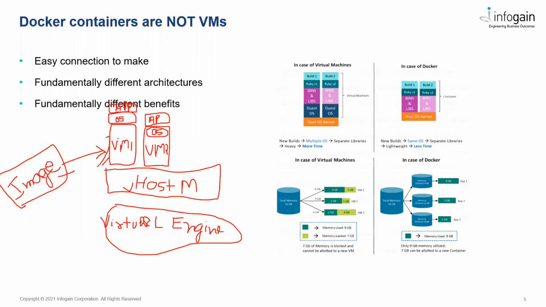Let's say I need CentOS. Then I will go to Google and say, I need the CentOS image to get the virtual machine. So you download a CentOS image, right? Then when you spin off that image, you will get a VM. And during that spinning off, you do a lot of configuration about the operating system, because this image also contains the operating system, right?